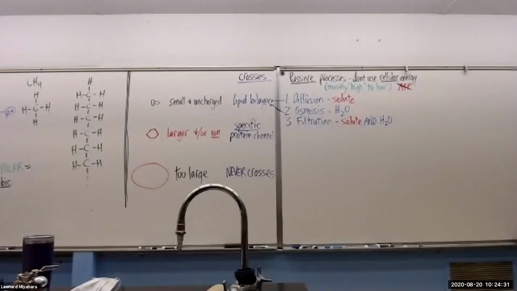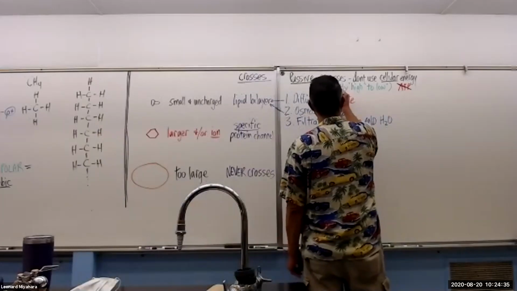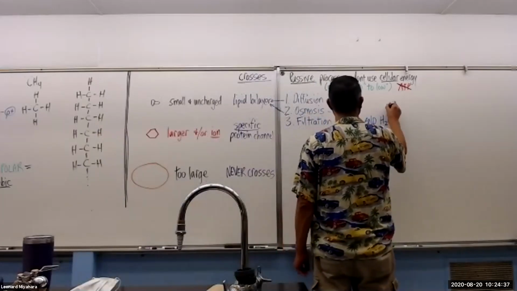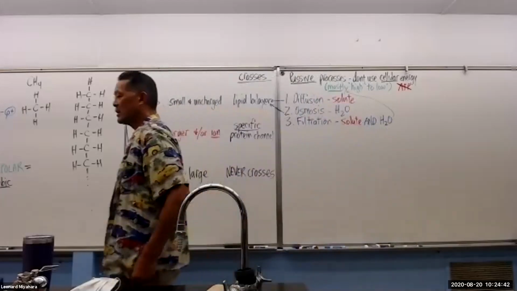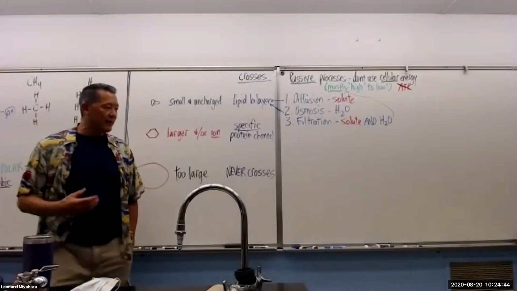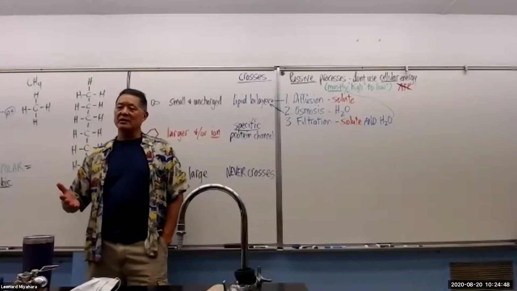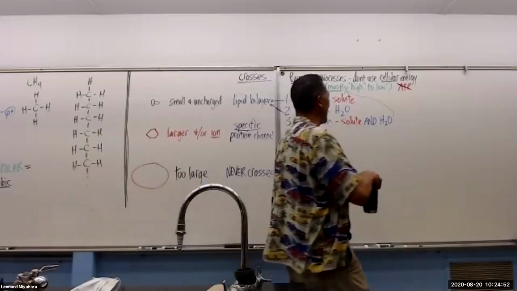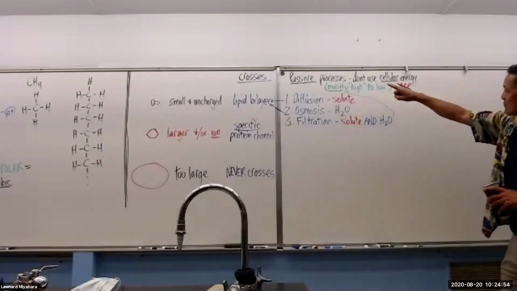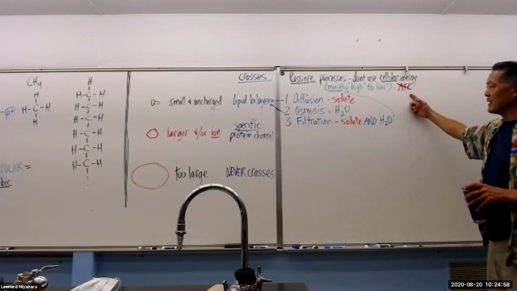The reason why it is listed under passive processes is because the cells doing the filtering are not expending cellular energy to filter. They're not burning ATP. Here's ATP for passive processes. I put a line through it. These do not require ATP.